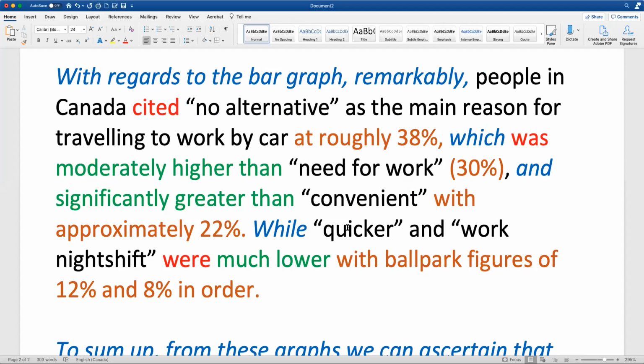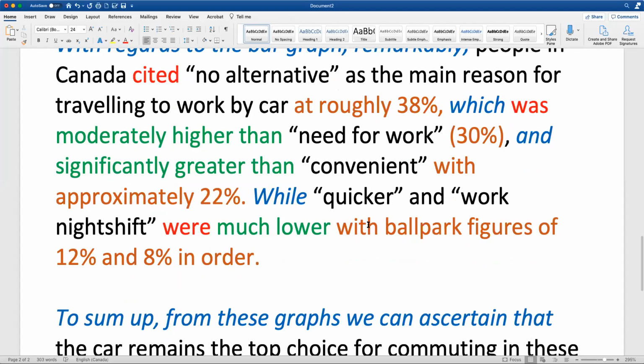Okay, and next, Abdi. While curriculum and work, night shift were much lower with ballpark figures of 12% and 8%.